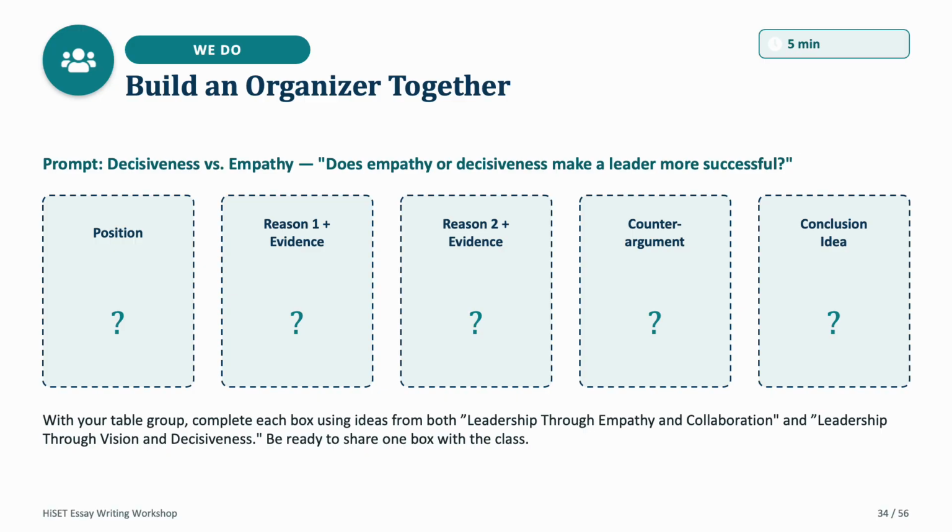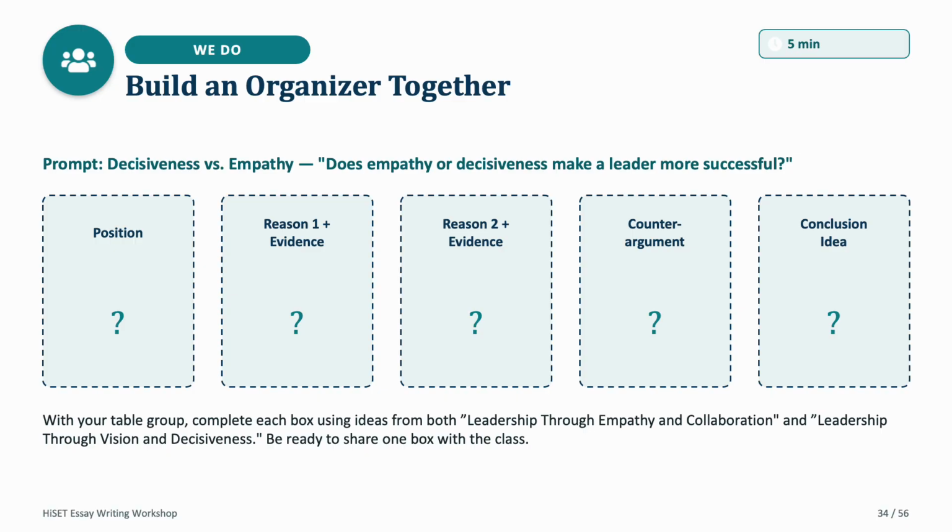Okay, here we go. Now we're going to build our essay together. And our question is, does empathy or decisiveness make a leader more successful? To write this essay, we're going to need 5 things. First, what is our position?